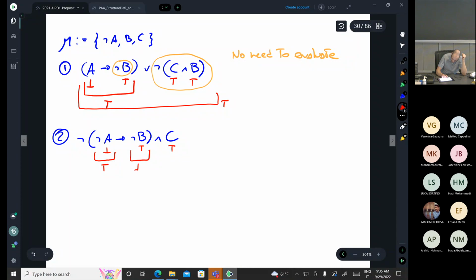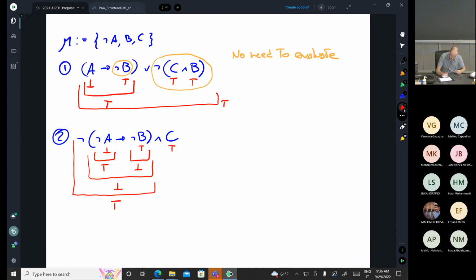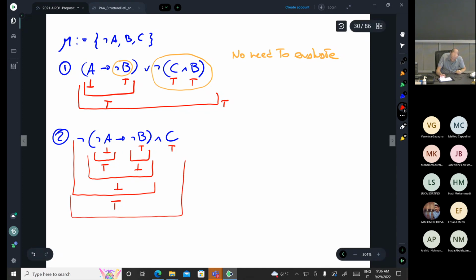Not B is false. Okay. So true implies false. This is false. And the negation of false is true. Am I right? Now it's true and true, which is true. Okay, so this was the negation, this was implication, this was negation, and this was a conjunction.